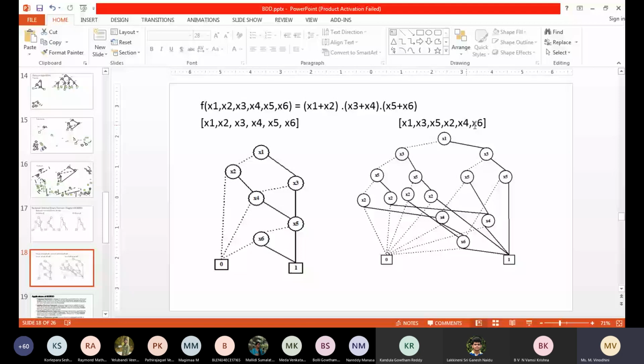So that is the reason when you draw a reduced binary decision diagram, it is always asked to go with an orderly, specific sequence. If you are not following the order, this is the problem we will face. We will not get the reduced binary decision diagram. That is the reason we have been asked to go with the ordered sequence for the variables present in a Boolean function. Is it clear, students?